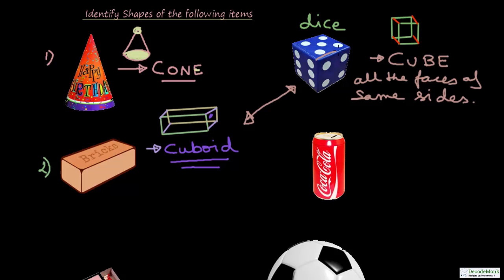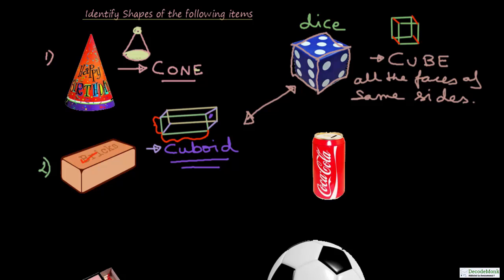If this is 3 centimeter, this is going to be 3 centimeter, and so on. All the sides are of 3 centimeter. All the sides are of equal length in case of a cube, which is not the case with a cuboid. Here you see this side is shorter than this side, exactly as you see in bricks.